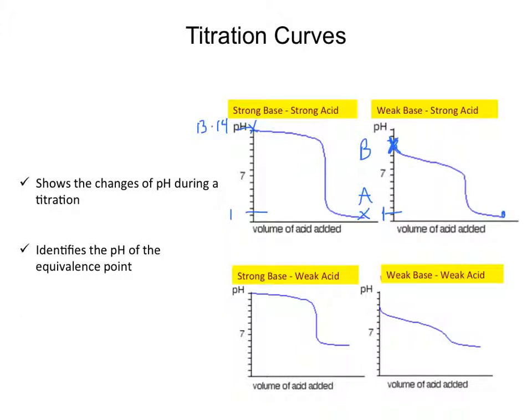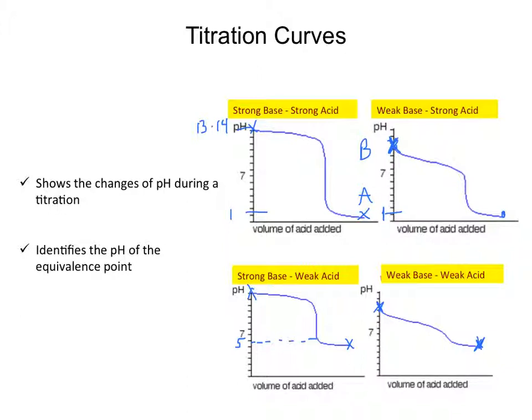In the lower level diagrams, once again, we're starting off at a strong base, but this time we're being titrated by a weak acid. Now when we bring this back, you can see that we're at maybe a 5 or a 6. And this last one, the base is not very strong here. It's down here about 9, 10, and so we have a weak base that's being titrated with a weak acid.